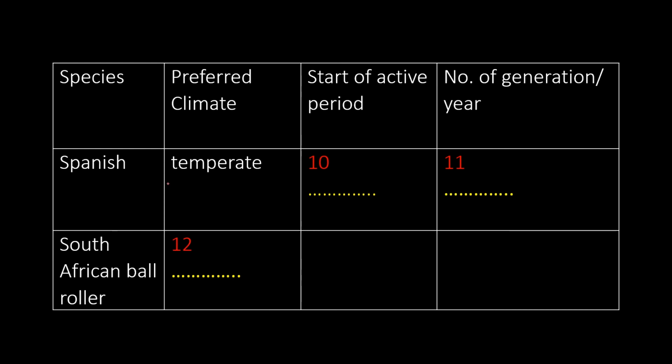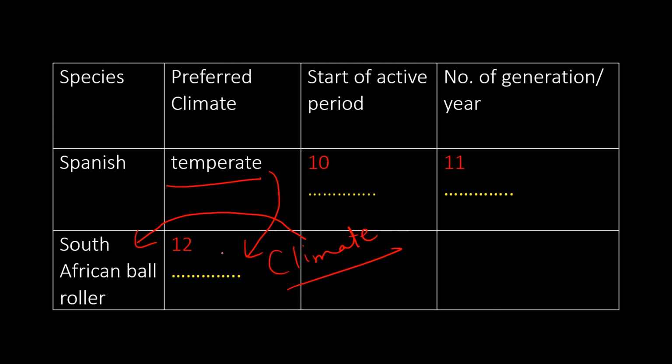In this case, we have temperate. Temperate is providing you a hint that the 12th one must be a weather or a climate. Right, what kind of climate is required for South African ball roller? Like we have preferred climate for Spanish, the species, right? Plus it must be a climate.